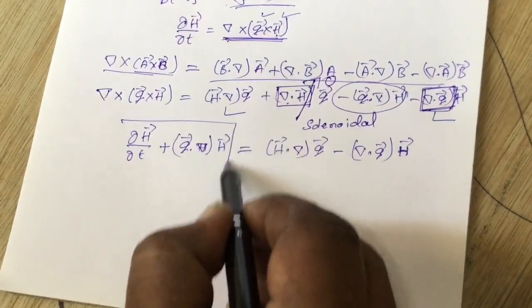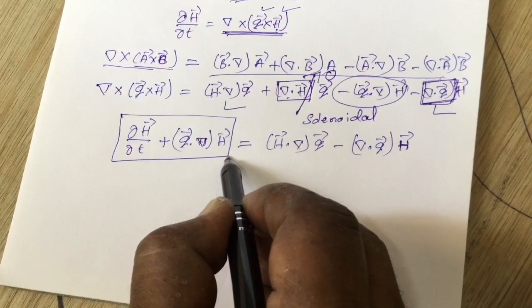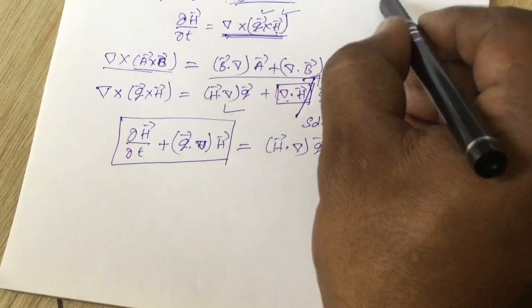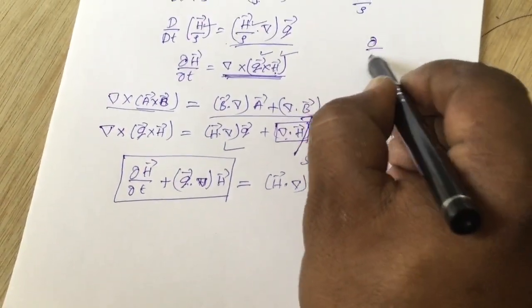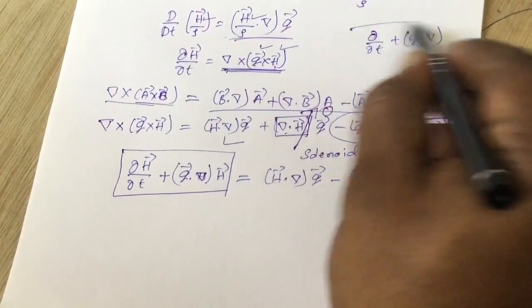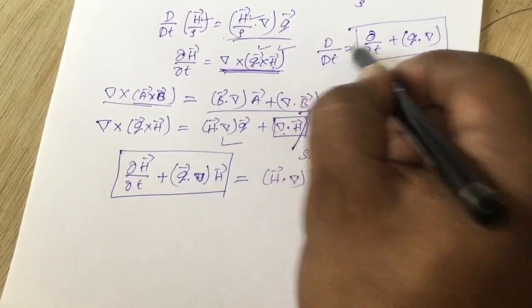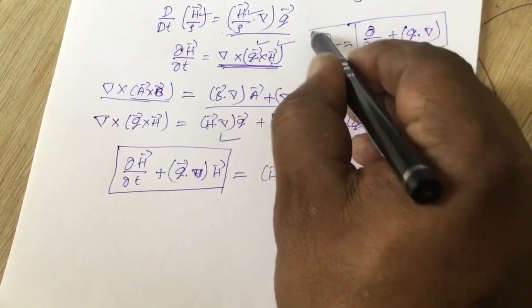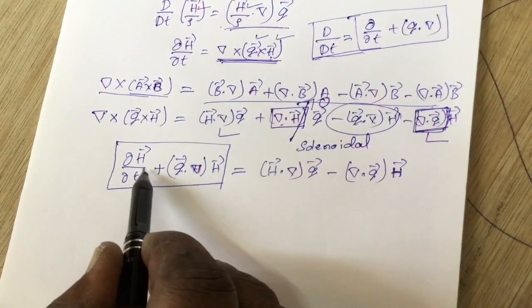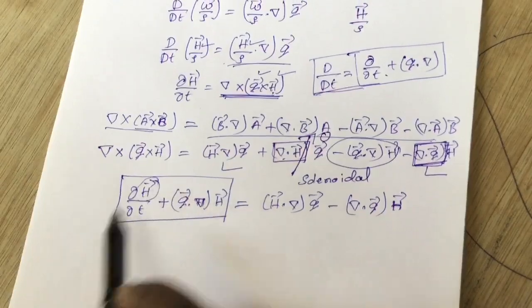So you can write this term as the Eulerian derivative, because you know what the Eulerian derivative is? That is del by del T plus Q dot del, which is nothing but your Eulerian derivative, that is d by dt. D by dt can be expressed in this form, so that the Eulerian derivative is applied on the magnetic field.